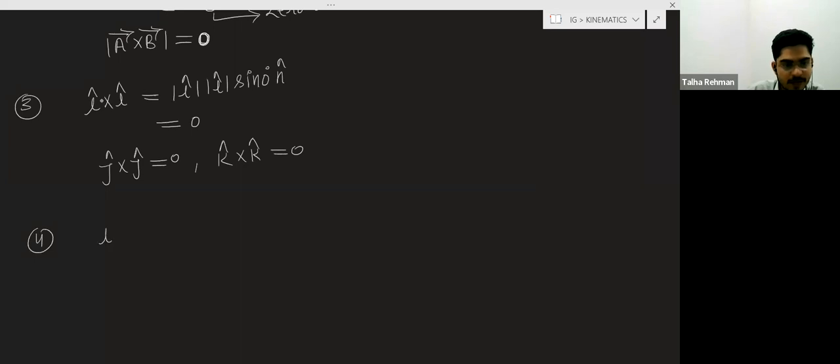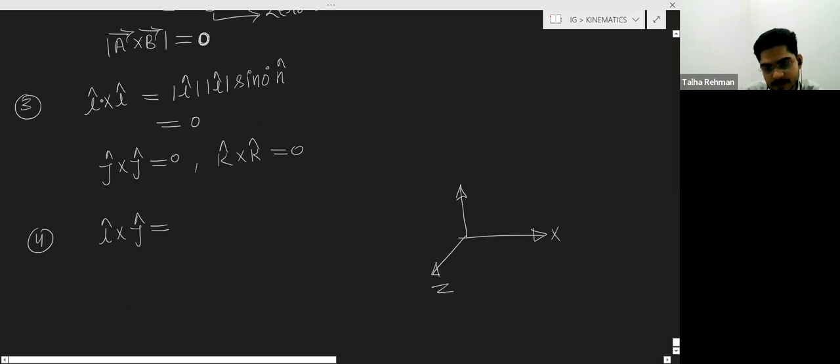If I am writing i cap cross j cap, then what will be the answer? I have told you this is the x axis, this is the y axis, this is the z axis. Along the x axis the unit vector is i cap, along the y axis it is j cap, and along the z axis it is k cap. How will you find i cross j?